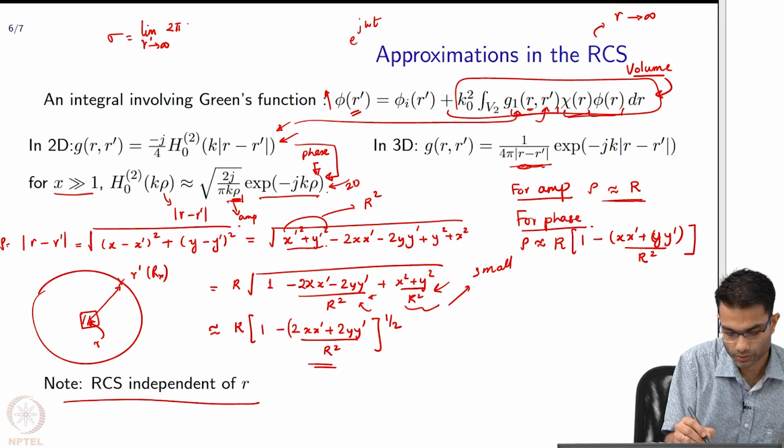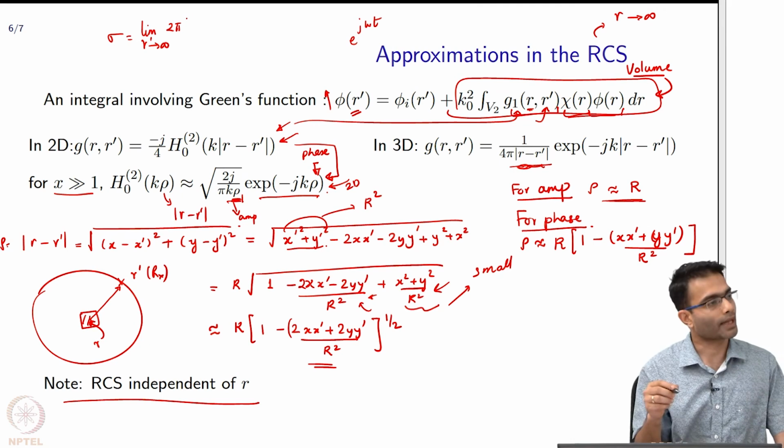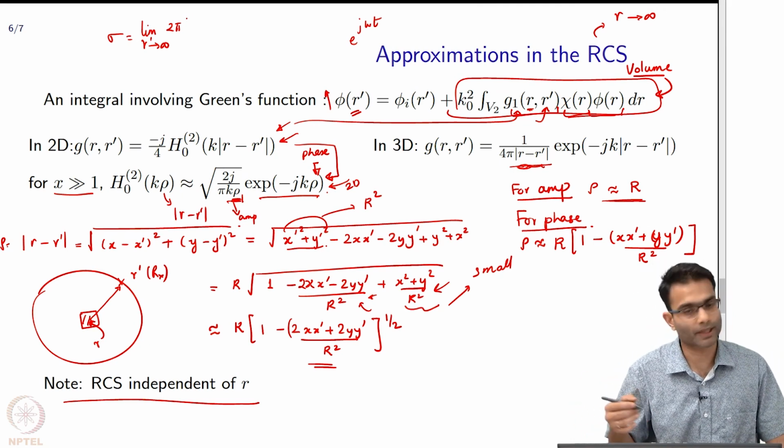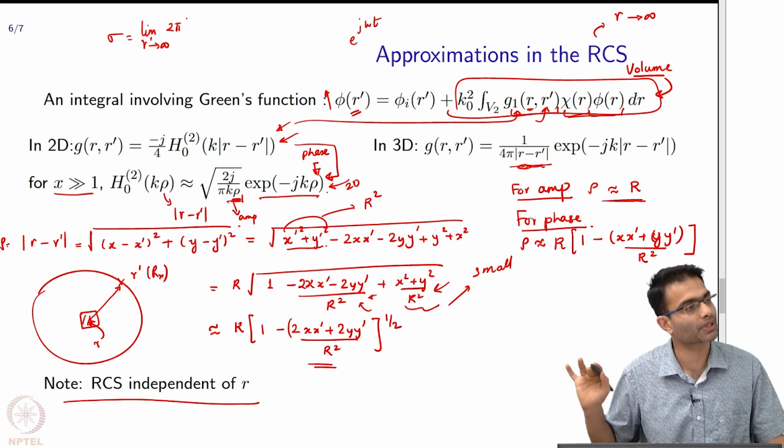Why are you choosing the approximation to be the same for both? You can choose the same approximation for both, but it turns out that doing this gives you almost the same accuracy.